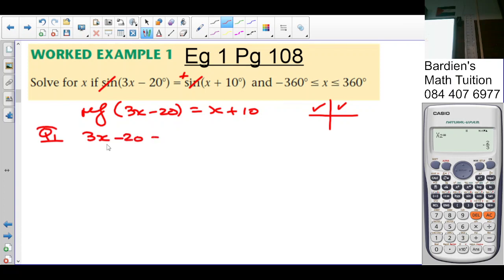3x minus 20 equals x plus 10 plus k times 360. Simplify that for me quickly. Make x the subject of the formula.